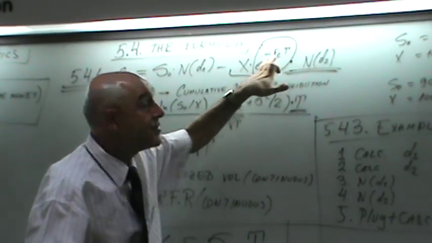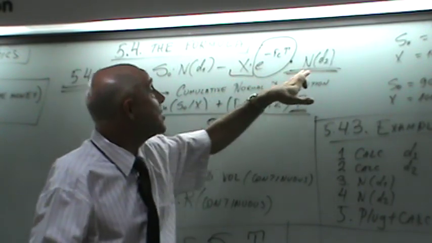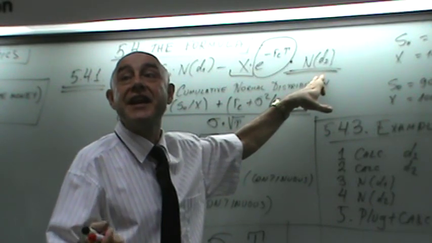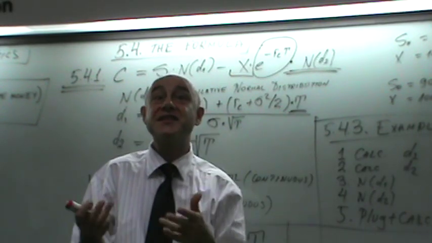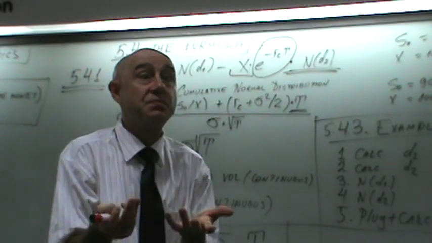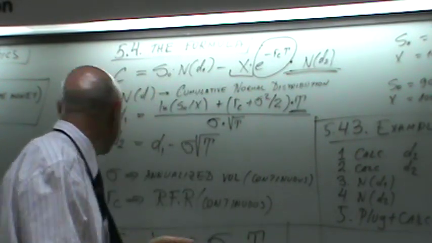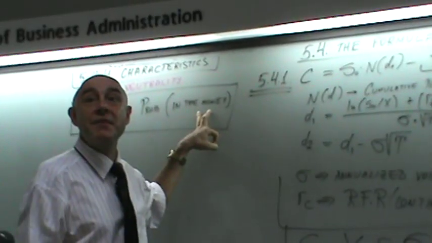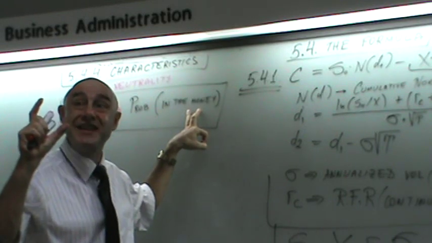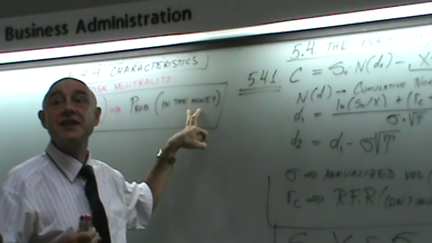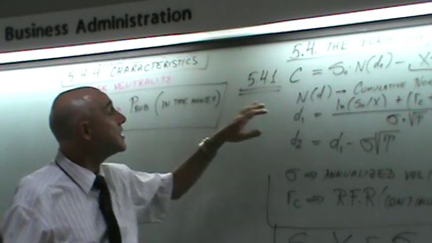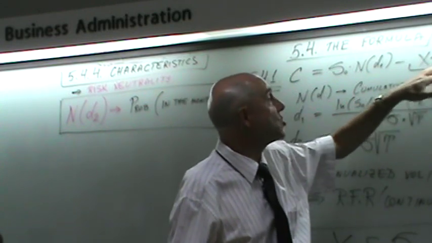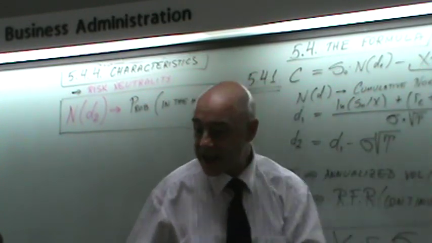So you take the present value of what you're going to get and you multiply it by the chance of getting that money. So what's the chance? Well, the chance is 70%, or 30%, or 40%, okay? So what's the chance of actually being in the money? And being in the money is to get the exercise price, okay? So this is the economic interpretation of the second part. Oh, there's a chance of 60% of getting in. And that's what ND2 is.